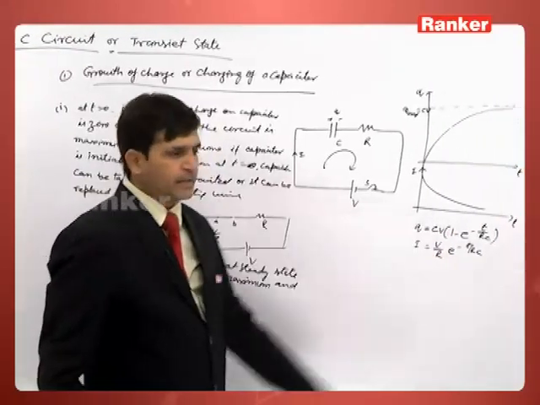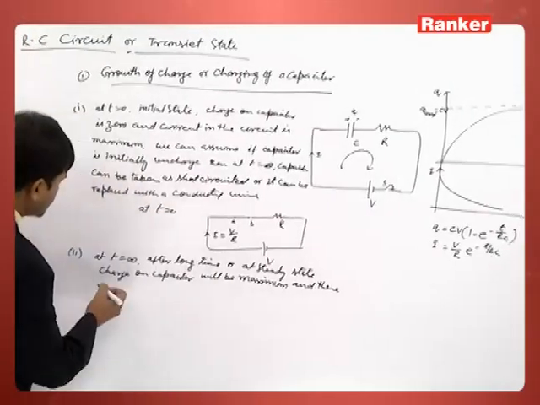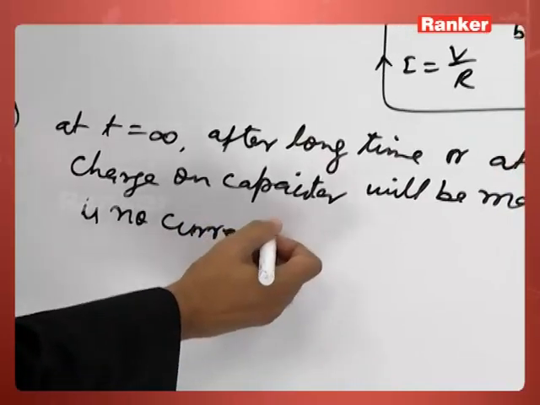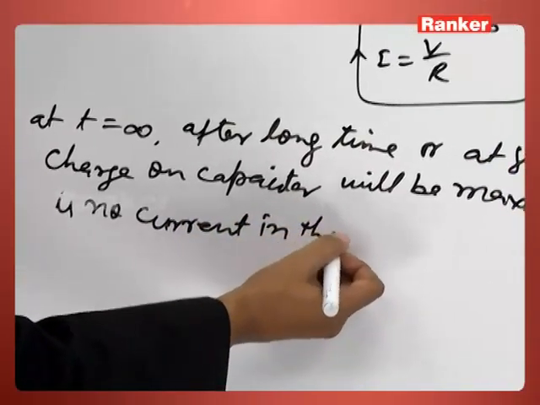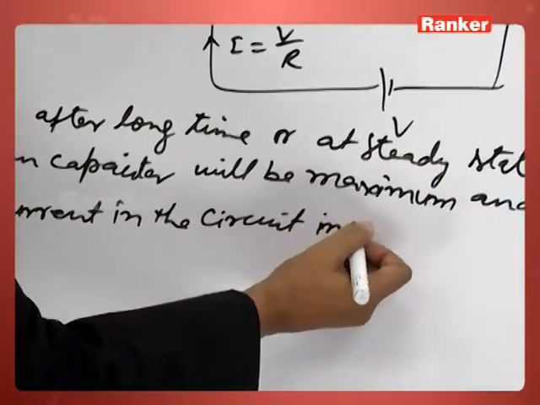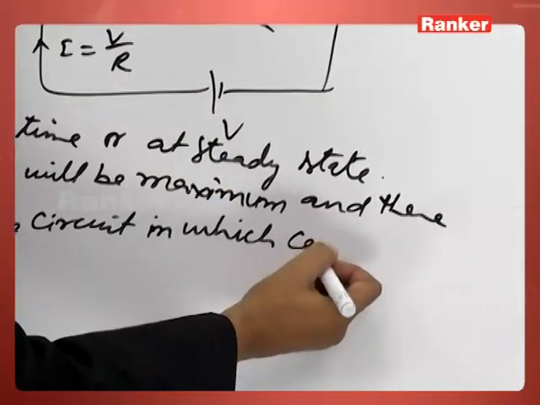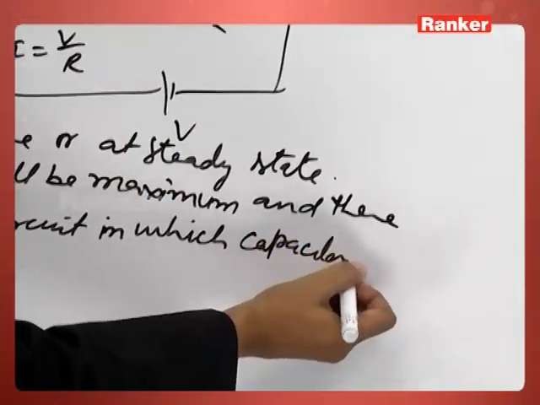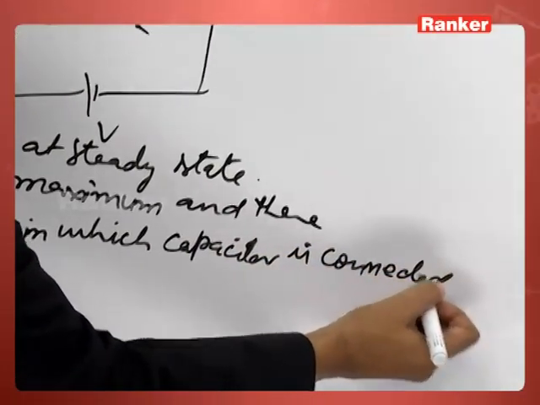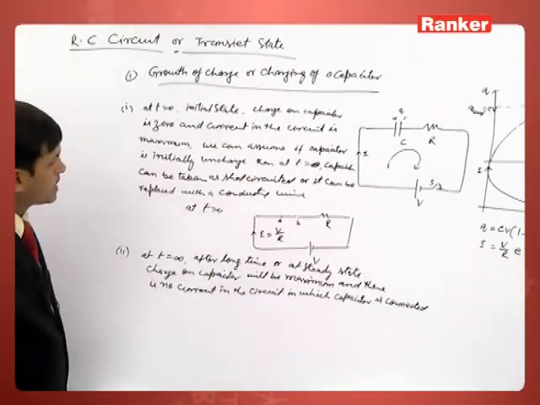I equals 0 is coming, and there is no current in the circuit in which the capacitor is connected.